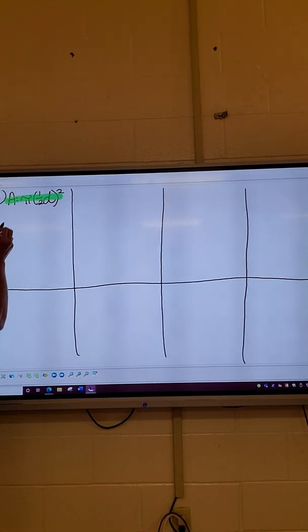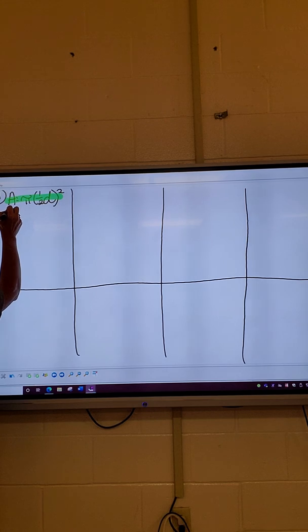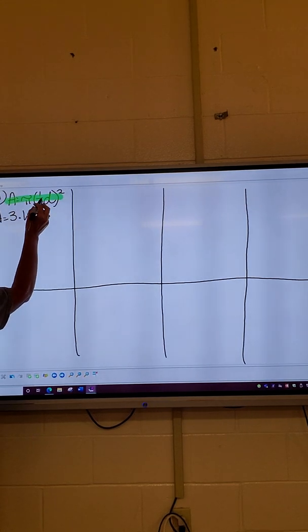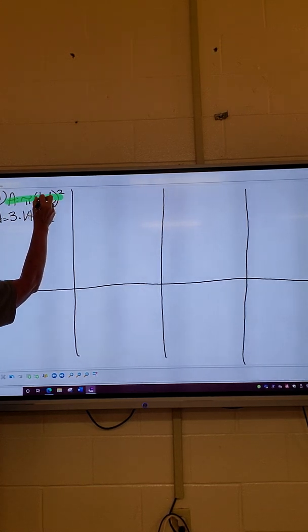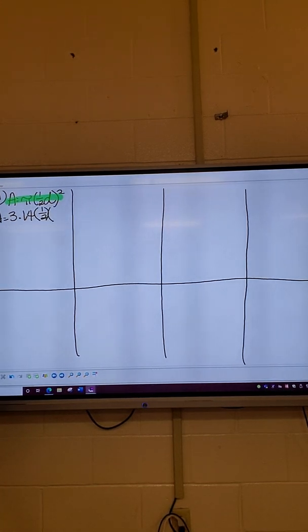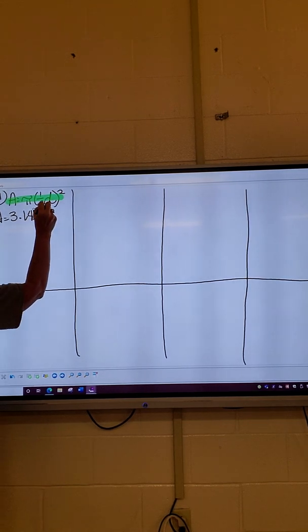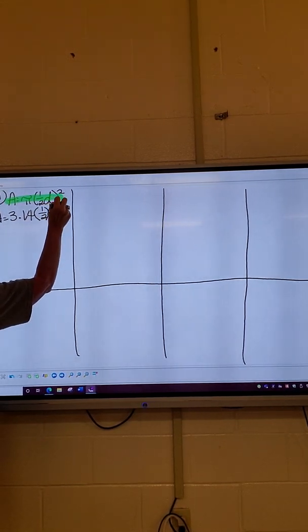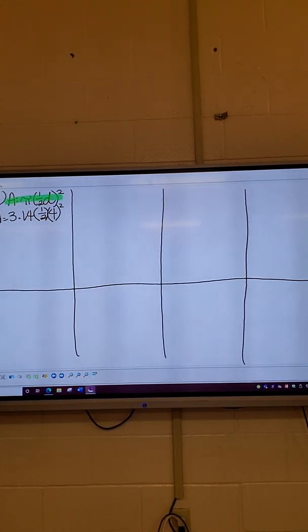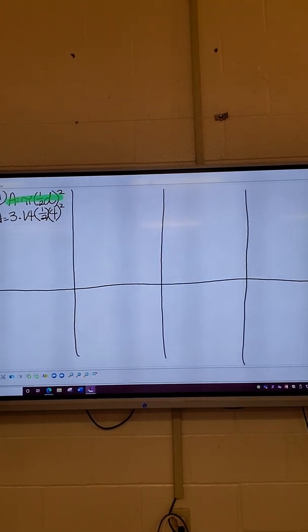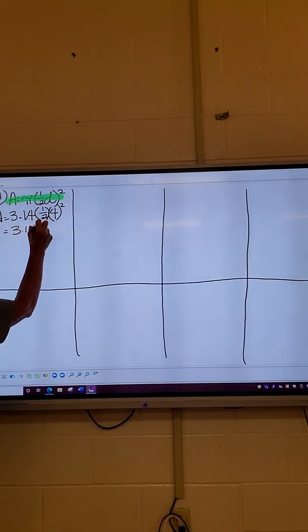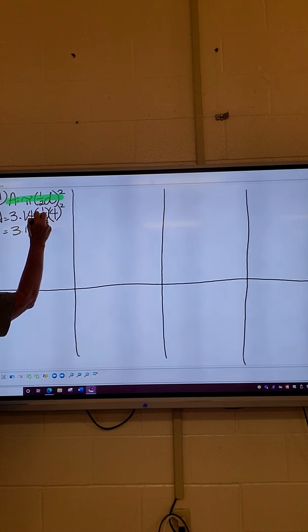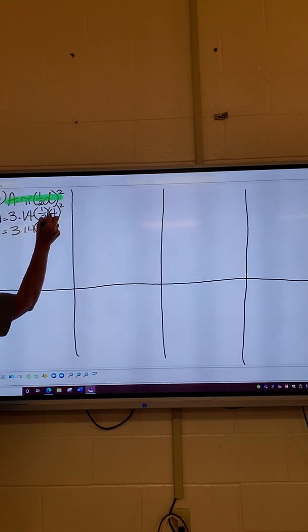The diameter is 4, so I have A equals 3.14 times 1/2 times, you're going to have to show that as multiplication, okay? 4 squared. So we have 3.14 times 1/2 of 4 is 2 squared.